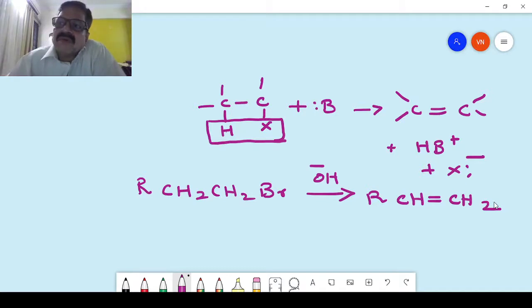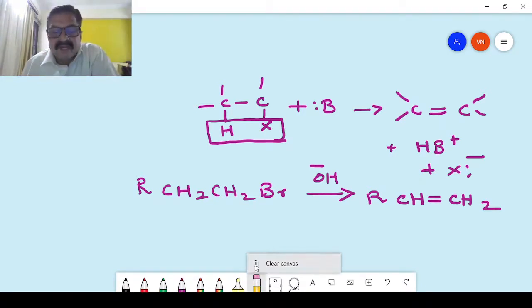This is the most common example. They are base-induced elimination reactions, or base-induced elimination of hydrogen halides, we can say, from an alkyl halide.